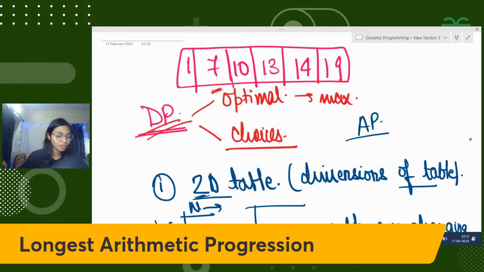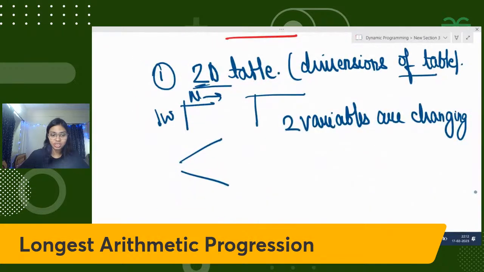One of them is the common difference, and the first element. The common difference is the right answer. The common difference keeps changing, so one of the dimensions is going to be the difference.